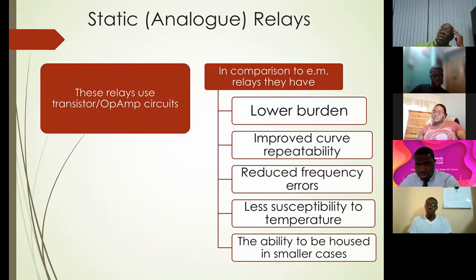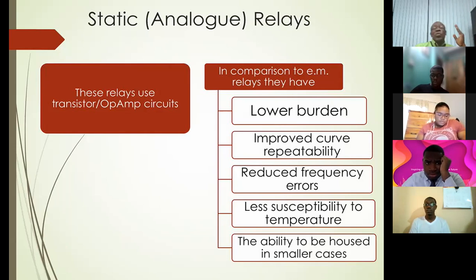But then when you come to the electromagnetic, they are quite bulky, very bulky. So that's one benefit of your analog relays. So it allowed the size of the relay to be reduced.